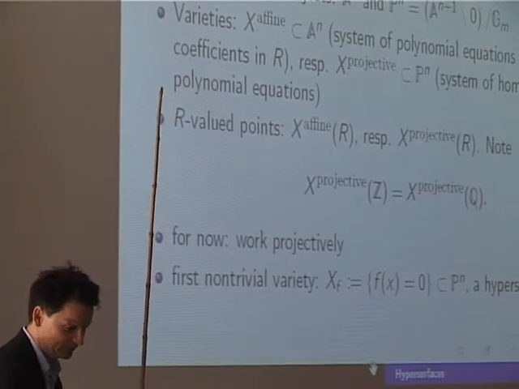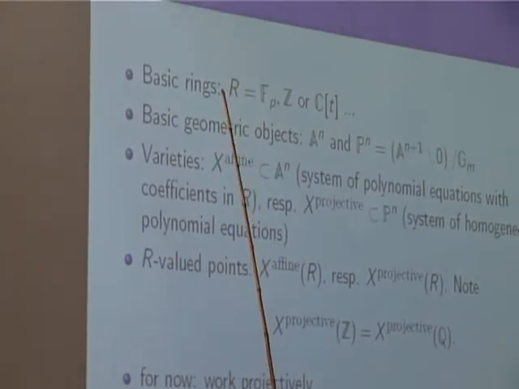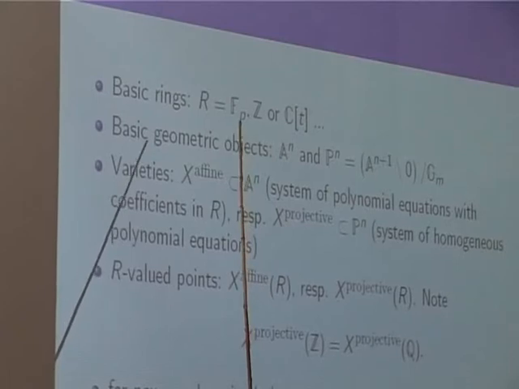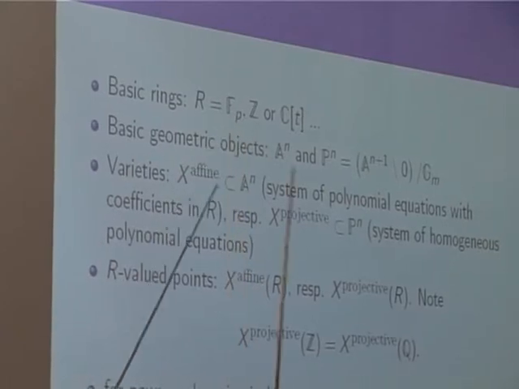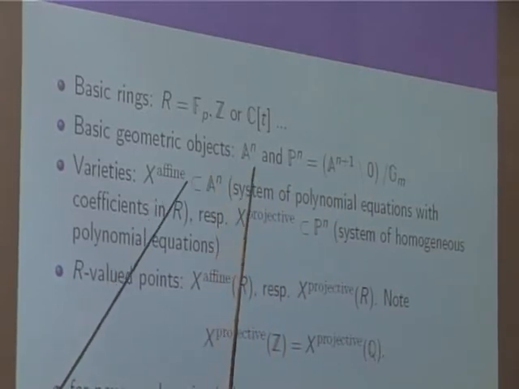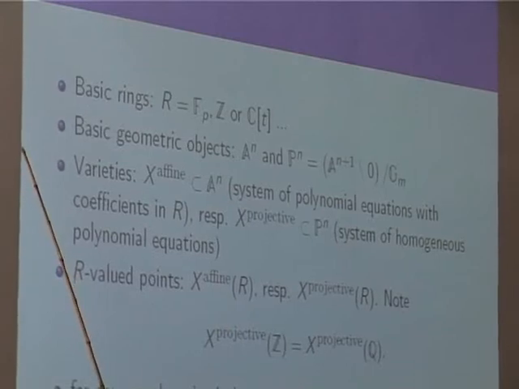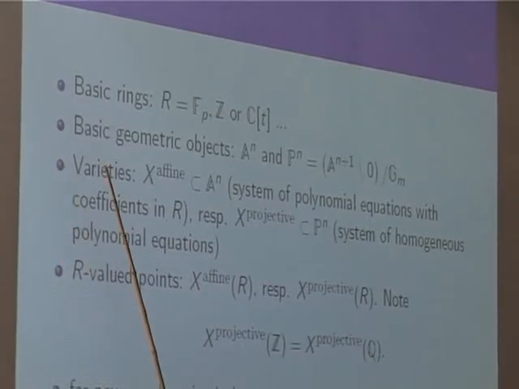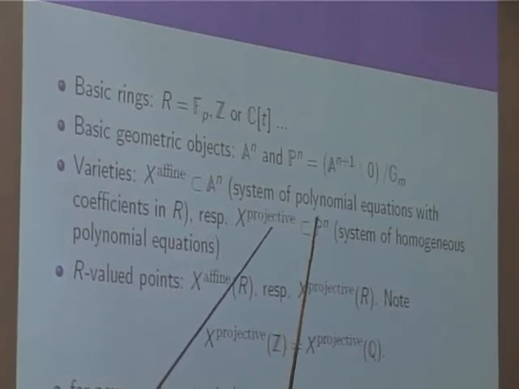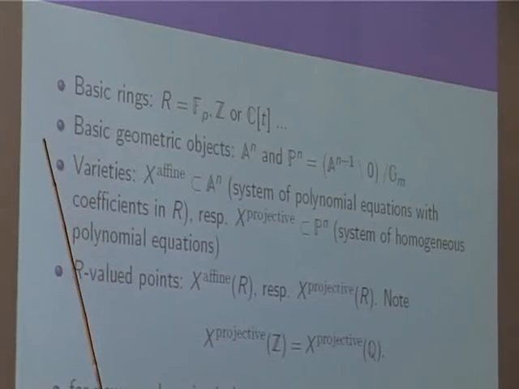So what's the setup? We have some basic rings we're interested in, and of course there's a whole zoo of rings, but of interest are finite fields, the ring of integers Z, or the ring C[t]. Our basic geometric objects are the affine space or the projective space, affine space minus 0 divided by G_m, the multiplicative group.